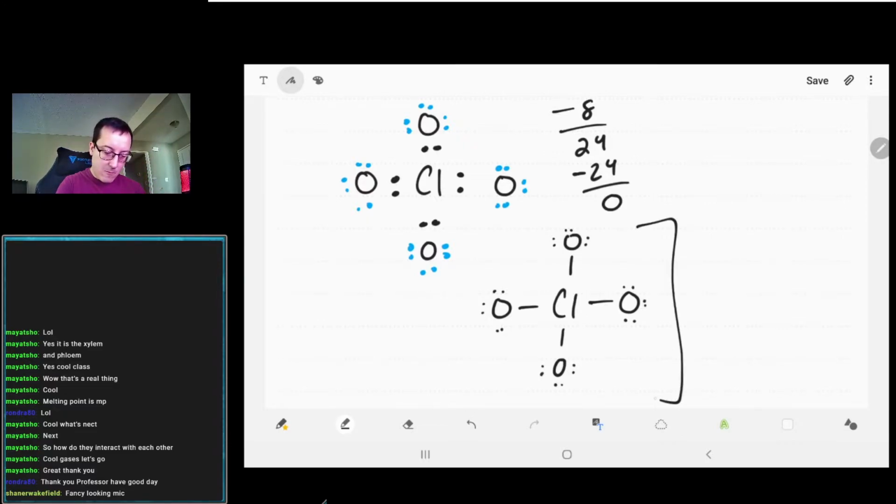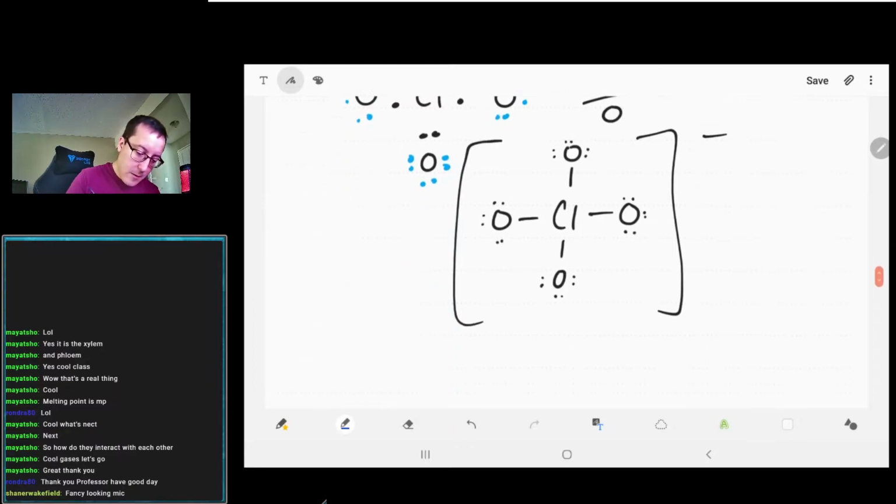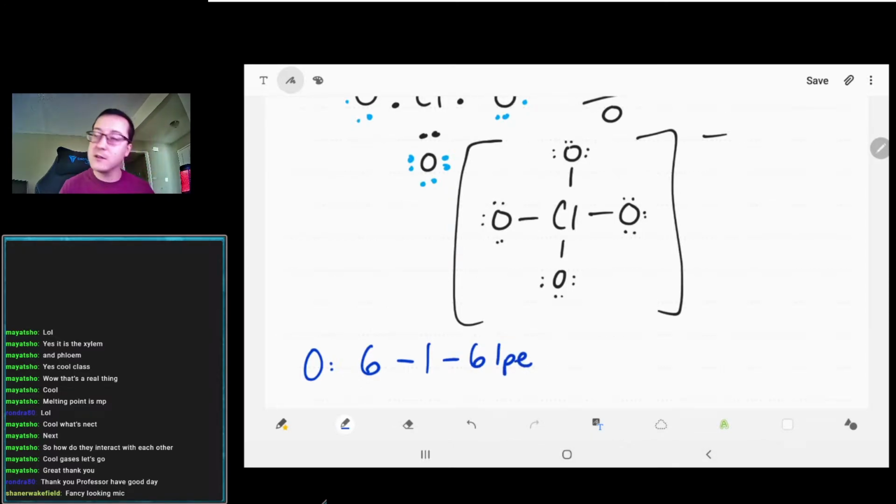However, let's take a look at the formal charges of all these. If we do it for oxygen, that's 6 valence electrons minus 1 bond minus 6 lone pair electrons is -1.